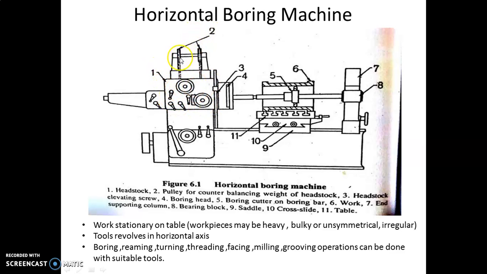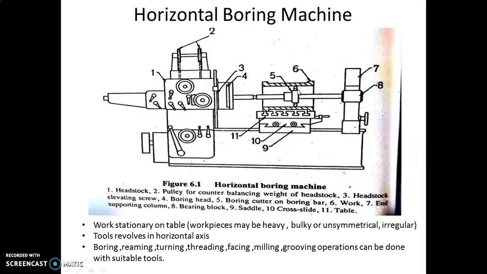Number 2 is the pulley for the counterbalancing weight of the headstock. 3 is the headstock elevating screw. 4th is the boring head. 5th is the boring cutter on the boring bar. 6th, the hashed part, is the workpiece to be cut internally. 7th is the end supporting column. 8th is the bearing block. 9th is the saddle. 10th is the cross slide, and 11th is the table over which the workpiece is mounted.